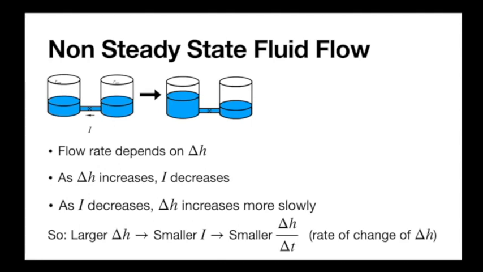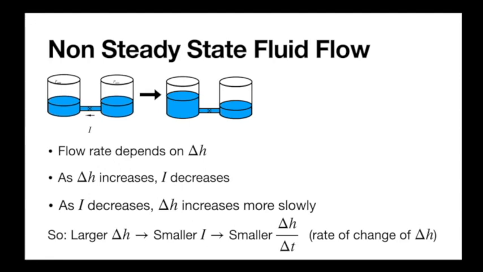So order of operations one more time. Looking at height difference, that is obviously increasing over time. We're pumping water from one side to the other. Height difference is growing. As a result of that height difference growing, the current is going to go down. And then as a result of the current going down, the speed at which the height is changing slows.